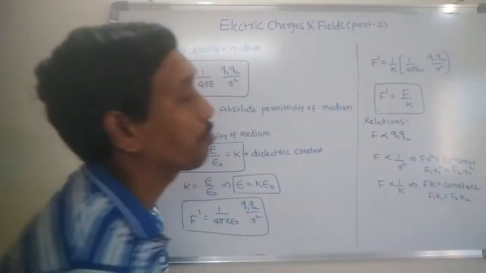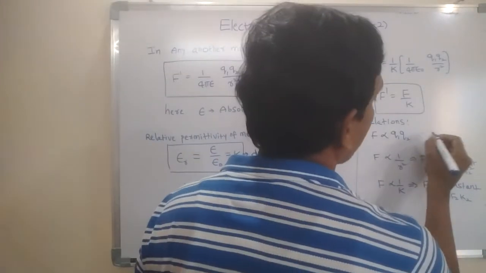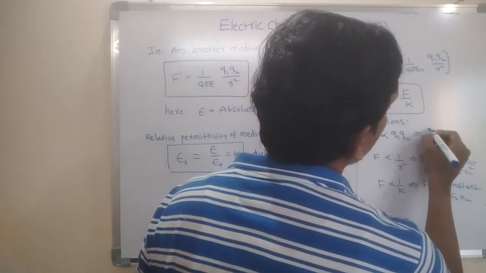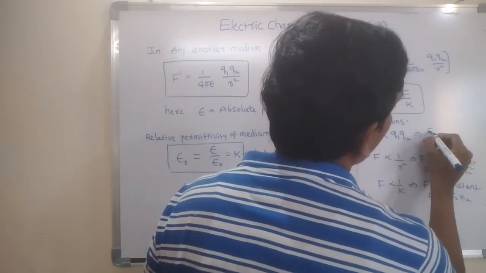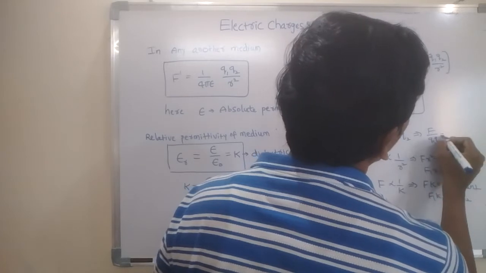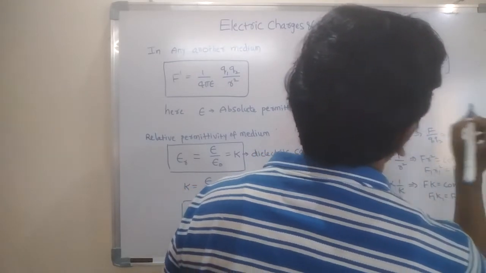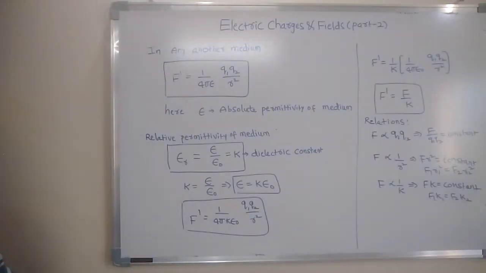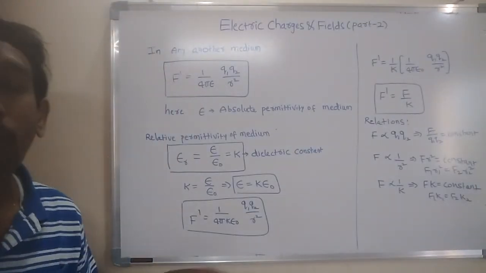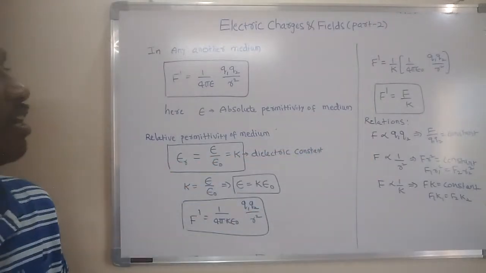Based on this expression, different questions are asked in different objective type exams. They are directly proportional means F by Q1 Q2 is equal to constant is the formula. That means F1 by F2 is equal to Q1 Q2 all divided by Q1 dash into Q2 dash. So these all are the relations here.